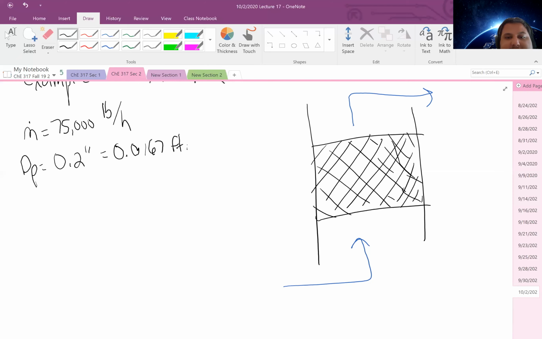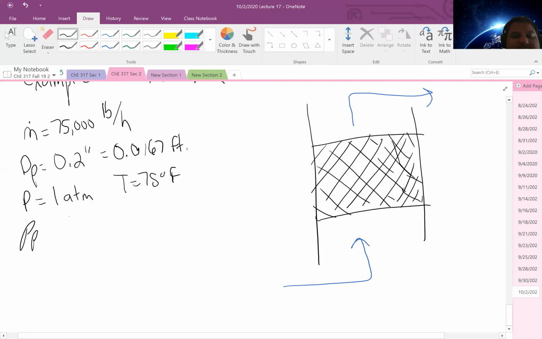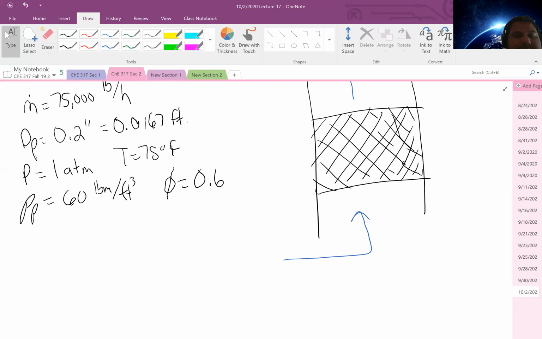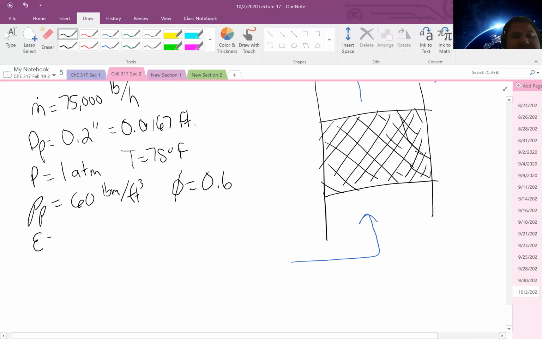I stated that the pressure is 1 atmosphere. The temperature is 75 degrees Fahrenheit. The density of the particles is 60 pound mass per cubic foot. The sphericity of the particles was 0.6. The void fraction provided was approximately 0.45, and the viscosity was 8.8 times 10 to the minus 6 pound mass per foot second.